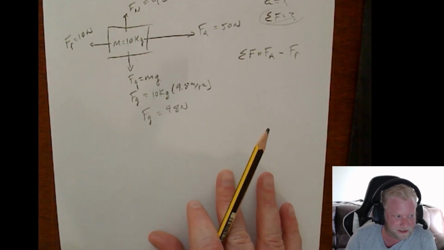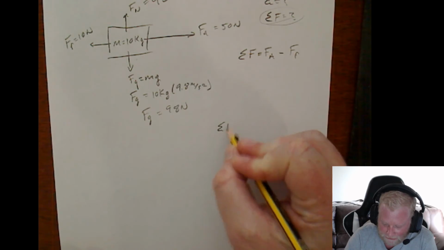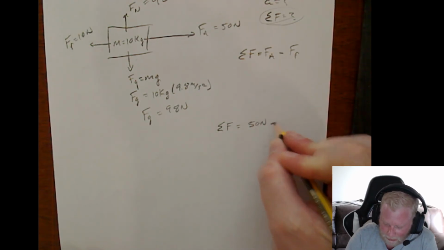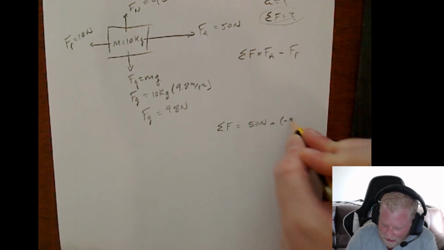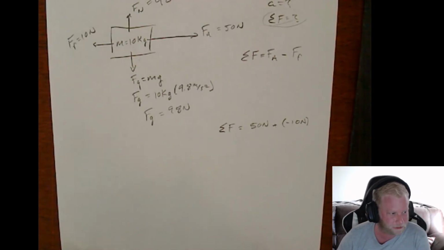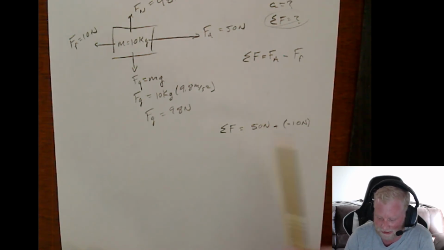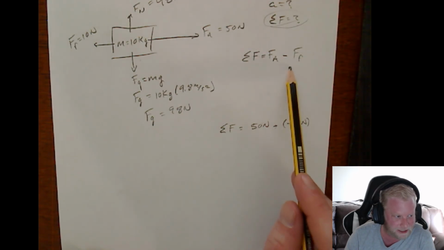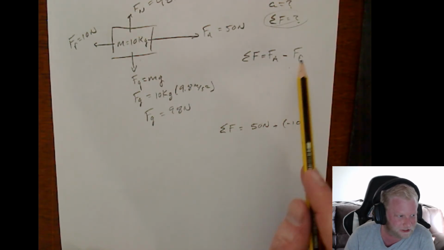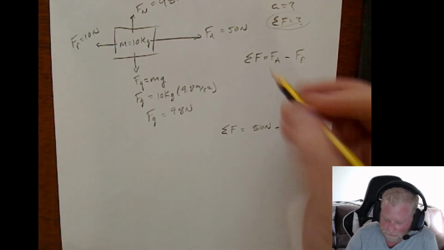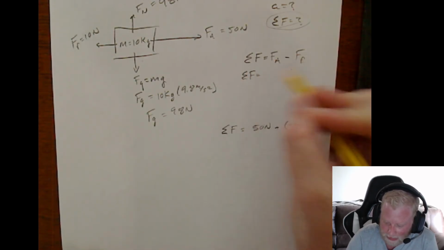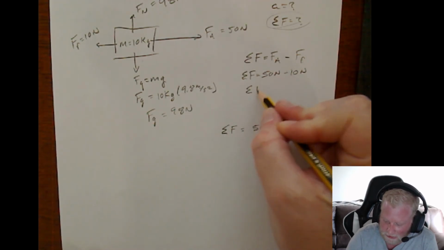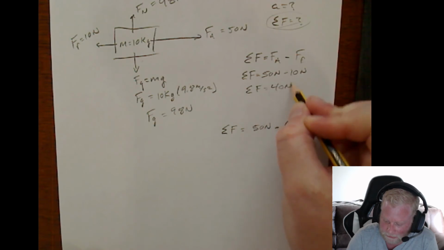If you want to think of that in a different way, we've got 50 newtons in the positive, and we're adding negative 10 newtons. So I'm just skipping the step of adding a negative and going straight to recognizing that this one's going to be negative, so it's going to be subtracted. So our net force is equal to 50 newtons minus 10 newtons. So our net force is 40 newtons.